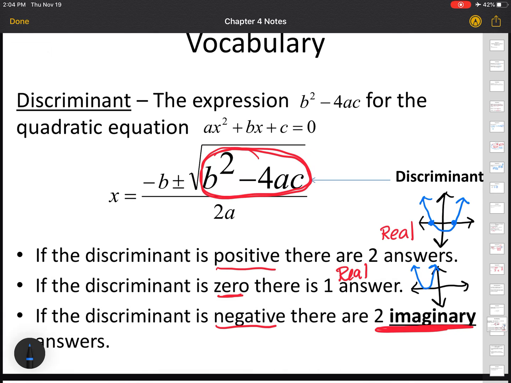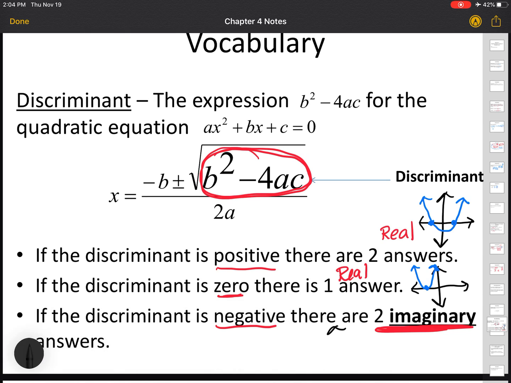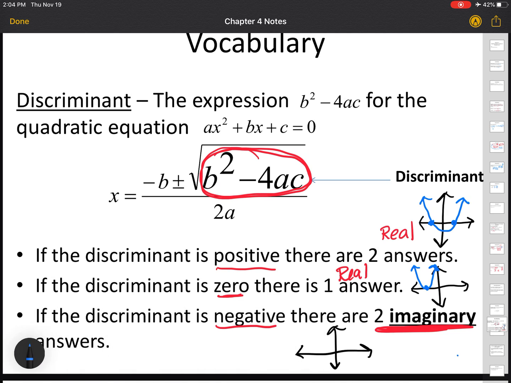Or it's crossing the x-axis one time. There's only one 0, or one root, okay? And then finally, if the discriminant's negative, then there's two imaginary answers. What that means is it's floating around somewhere, not touching the x-axis at all. There's no zeros, because they're imaginary.